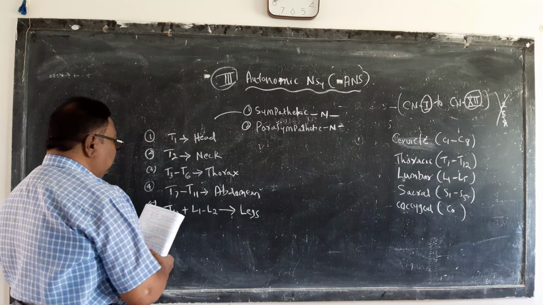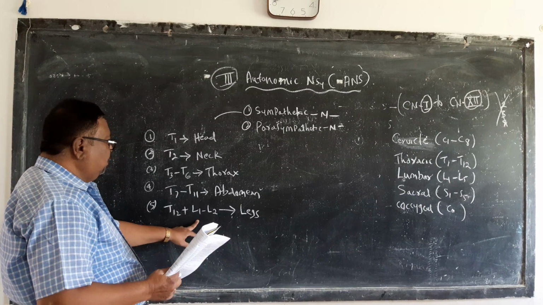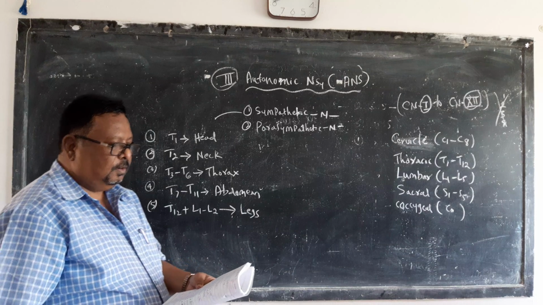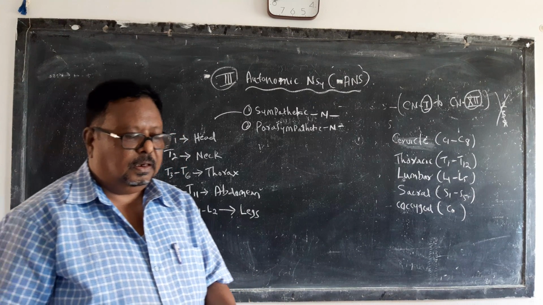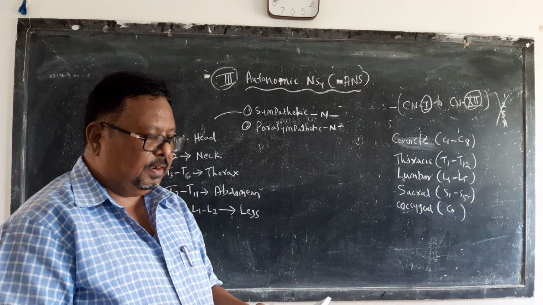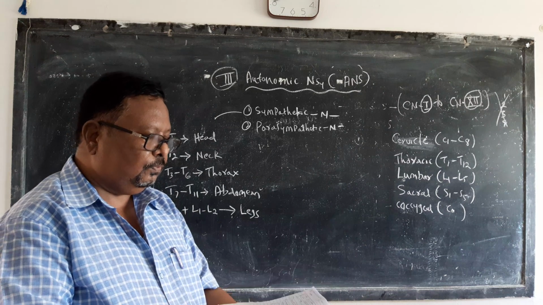So from T1 to T12 and L1, L2 include the sympathetic nervous part. So this part is distributed like this. Coming to the parasympathetic, that is craniosacral outflow.